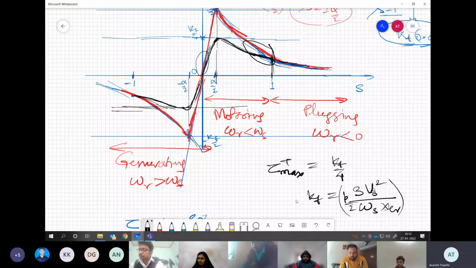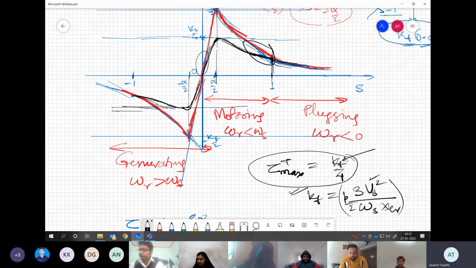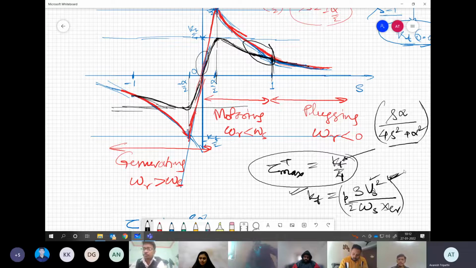This is the constant we have. All these things are constant, so we can easily compute the value of torque. If you know this constant, you can compute the torque at any point in this characteristic just by varying the slip. This portion of the expression will change, and the rest will remain constant. Clear, right?